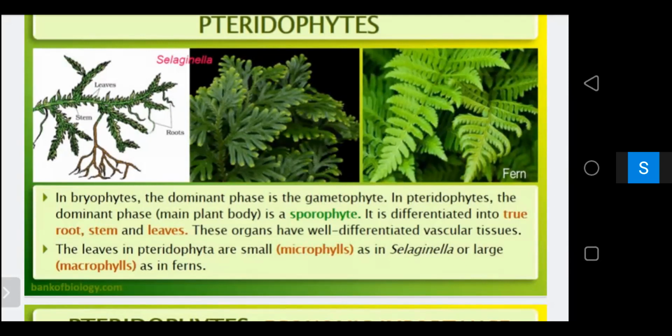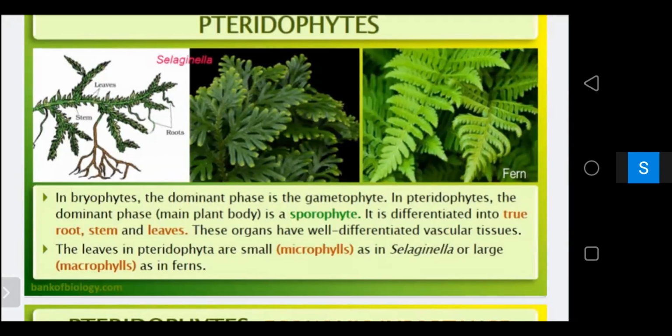The sporophytic body is differentiated into true root, stem, and leaves, and these organs possess well differentiated vascular tissue, xylem and phloem. The leaves in Pteridophyta can also be small. We use the term microphyll, as in the case of Selaginella, and for large leaves we use the term macrophyll, as in the case of fern.